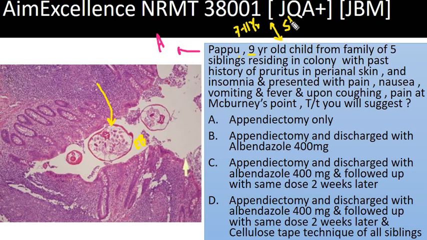But here in this question we have been given 5 siblings and residing in a colony, which is in consonance with the low socioeconomic class.